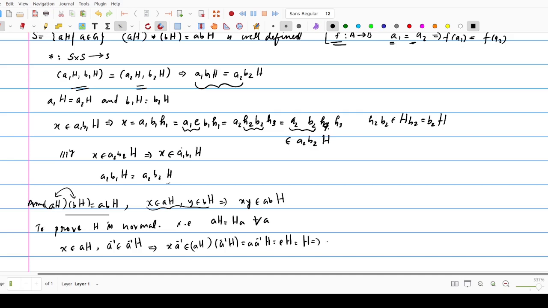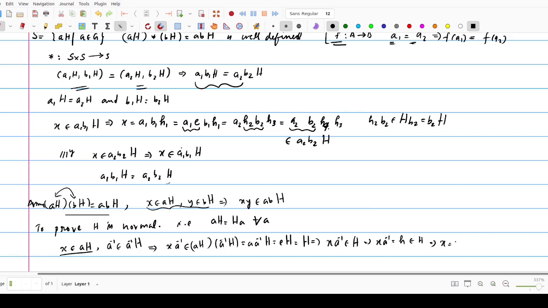What is the meaning of this? So if we start with X belongs to AH, then by making use of this A inverse, we can prove that this product X A inverse is a member of H. That is, X A inverse can be written as some small h belongs to H. So what is the meaning of this?